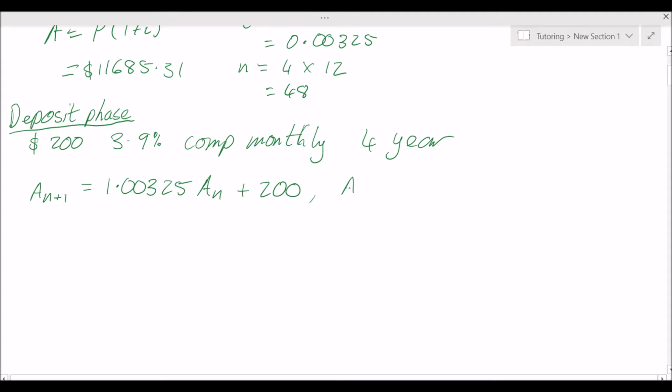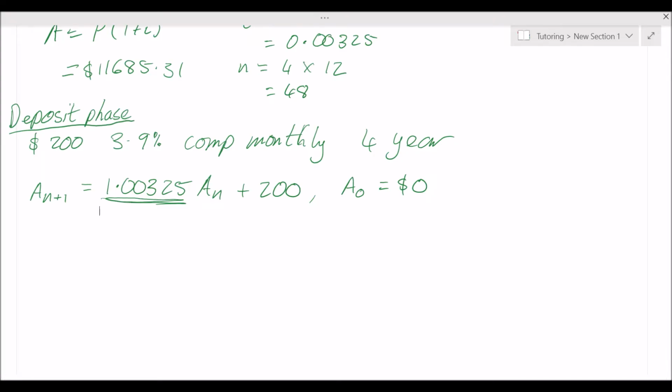And in this case, we're starting from nothing, so no lump sum, and every month you're adding in $200, and as that $200 accumulates, there's also some interest that's accumulating.